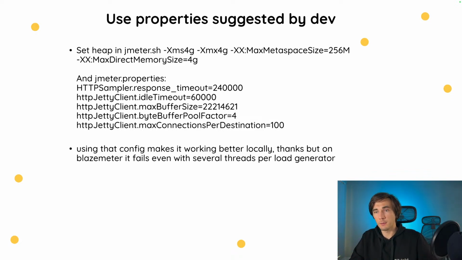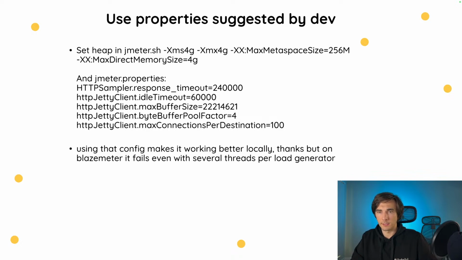So in general, JMeter may utilize up to 8 gigs of RAM. And that's what I was not expecting, because I expected to use a maximum of 4. And it caused an actual freeze of the instance. So it was not responding. You were not able to SSH there and so on.